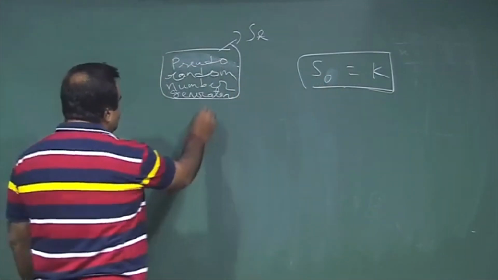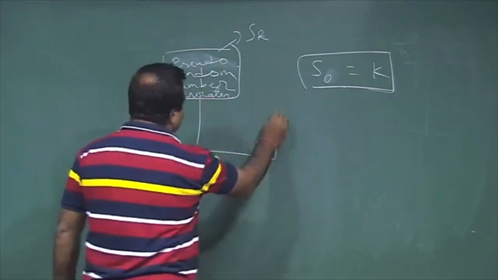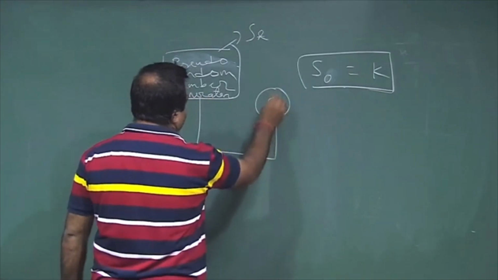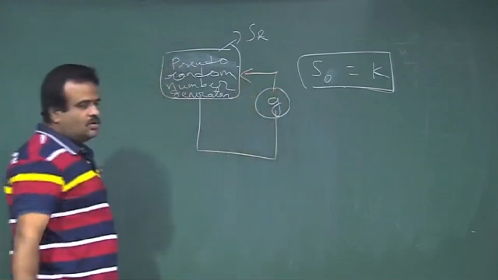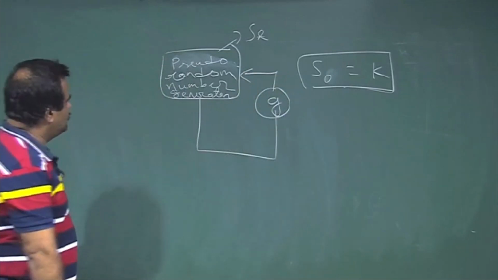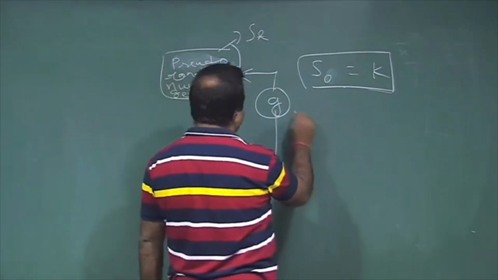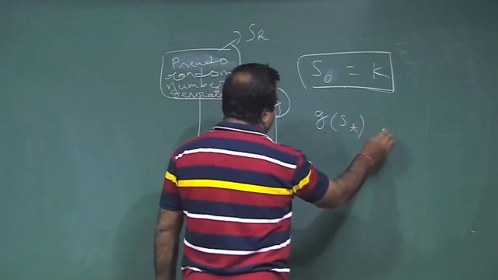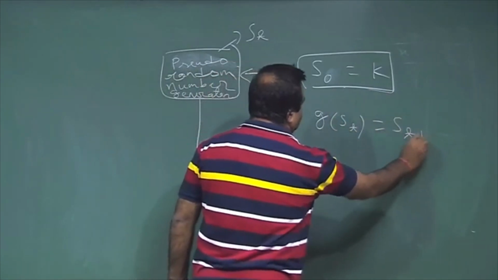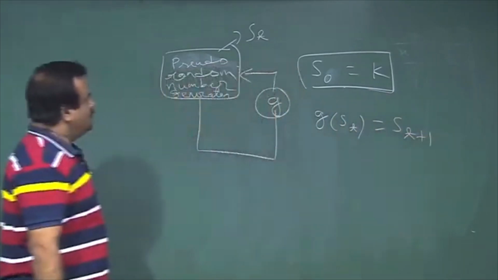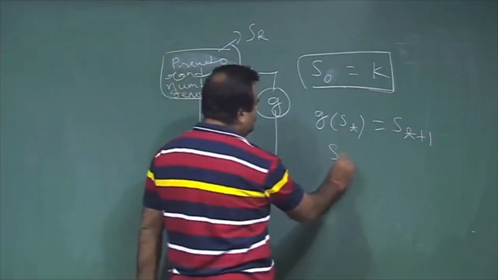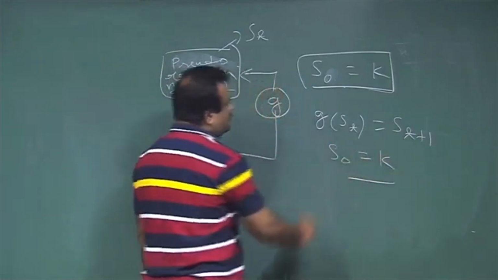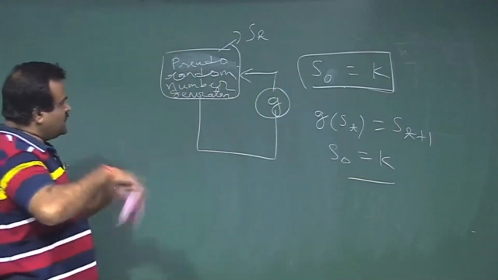And then we have a state update function G, which is taking the current state ST and which is generating the next state. Okay, where S0 is the K. So this is the state updating function.